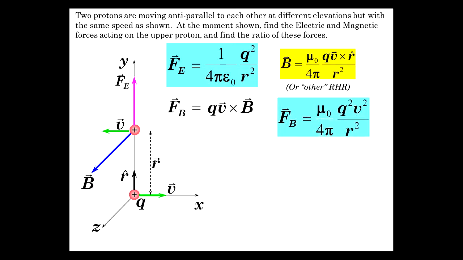Everything is perpendicular. So we have qv over r squared multiplied by q and v, so q squared v squared over r squared. So that's the size of the force, and we've already figured out the direction of the field.